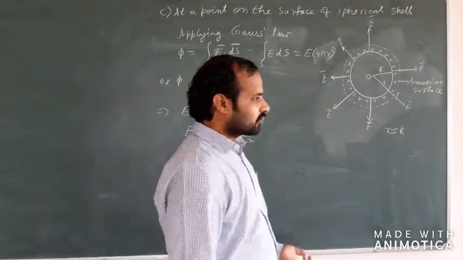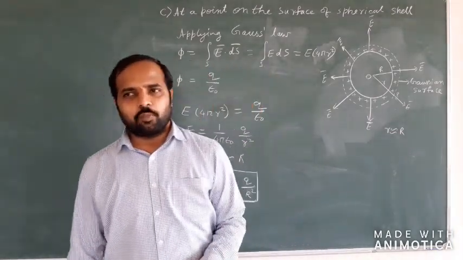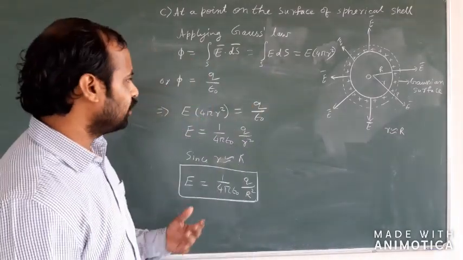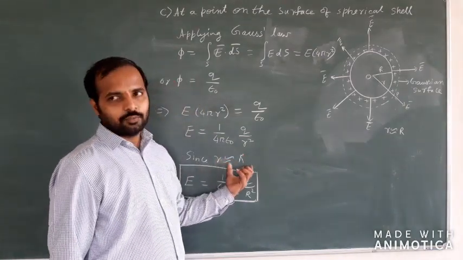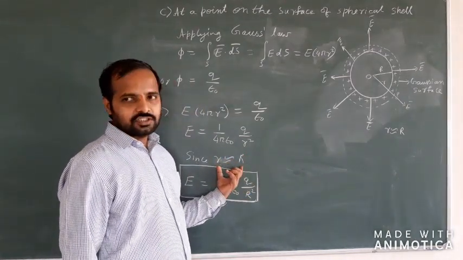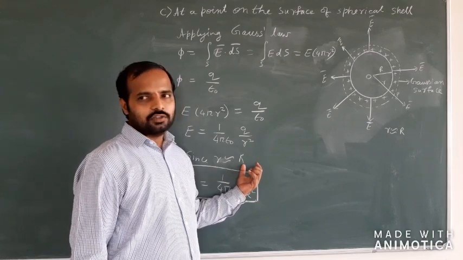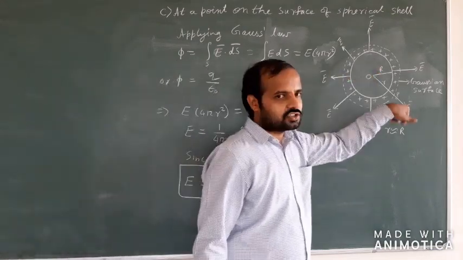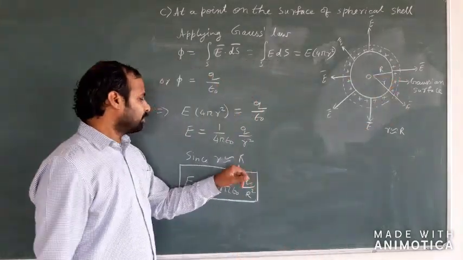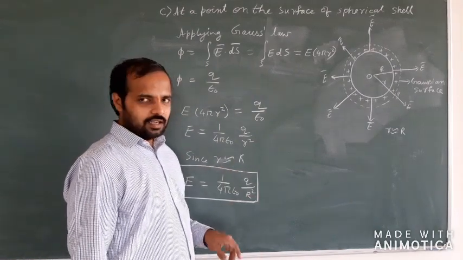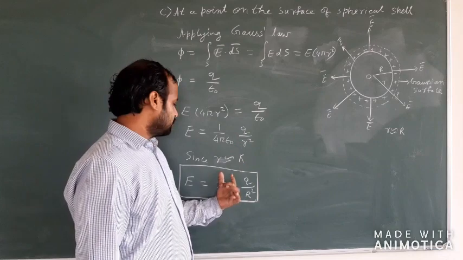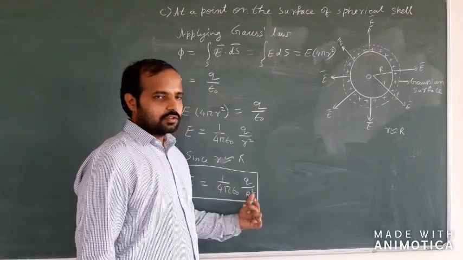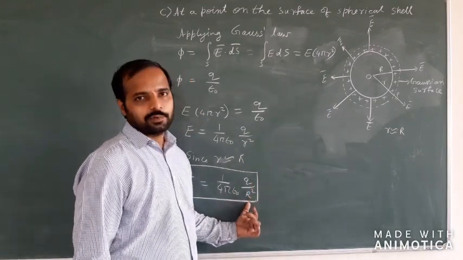But from the assumption that point P is very close to the surface, small r, the radius of the Gaussian surface, is almost equal to the radius of the spherical shell. So we can replace small r by capital R in the above equation to get the electric field E = 1/(4πε₀) × q/R².